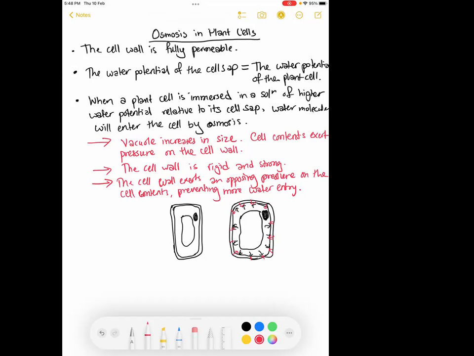Okay, and that's how it actually prevents the cell from overexpanding and bursting. Okay, now at this point, the cell has become what? Firm or turgid. So this is a turgid plant cell.